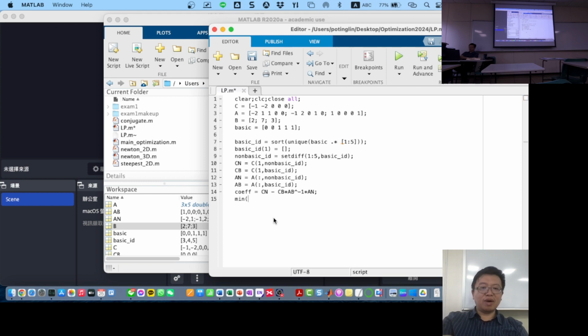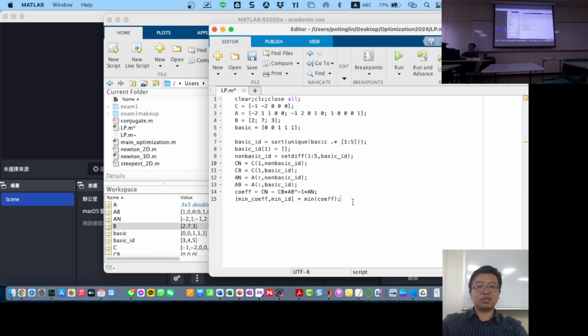So minimum coefficient, and for the output, basically this is the min coefficient and then min ID.